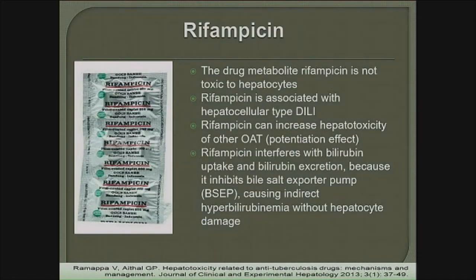How about rifampicin? The rifampicin metabolite is not toxic to hepatocytes. Rifampicin is associated with hepatocellular type DILI. Rifampicin can increase hepatotoxicity of other oral anti-TB drugs, so it has a potentiation effect, and rifampicin interferes with bilirubin uptake and bilirubin excretion because it inhibits the bile canalicular exporter pump, causing indirect hyperbilirubinemia without hepatocyte damage.